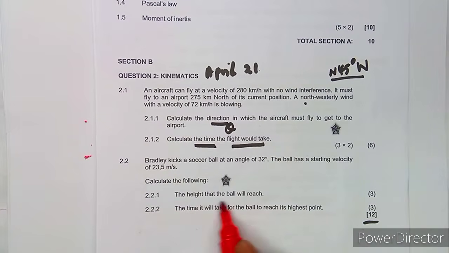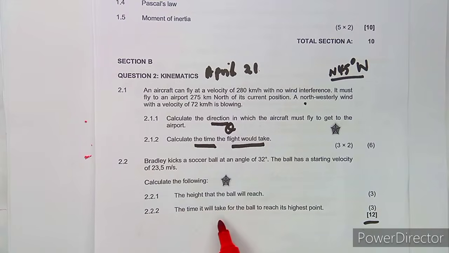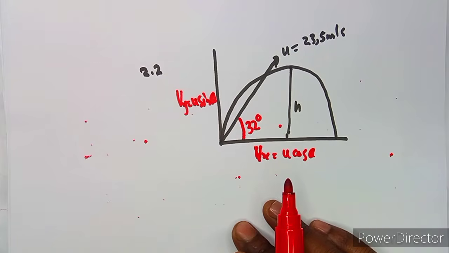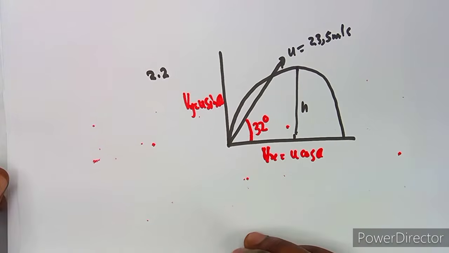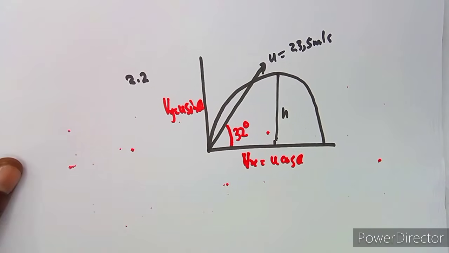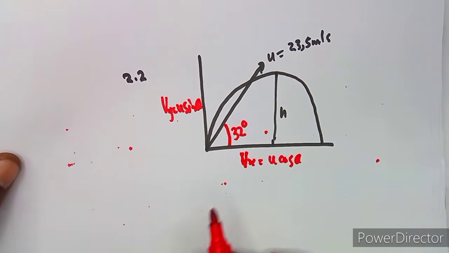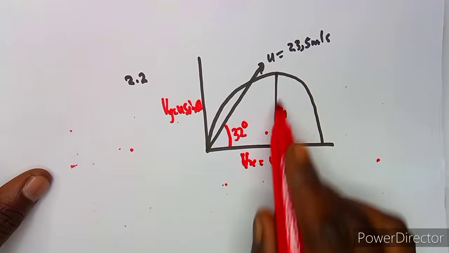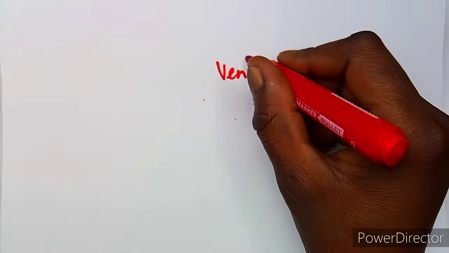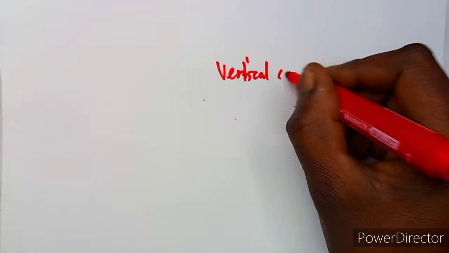The question is: calculate the height that the ball will reach. Which height are we talking about? Definitely this one. What am I going to do to find this height? You're referring to something in the vertical, not the horizontal, so you use the vertical components.